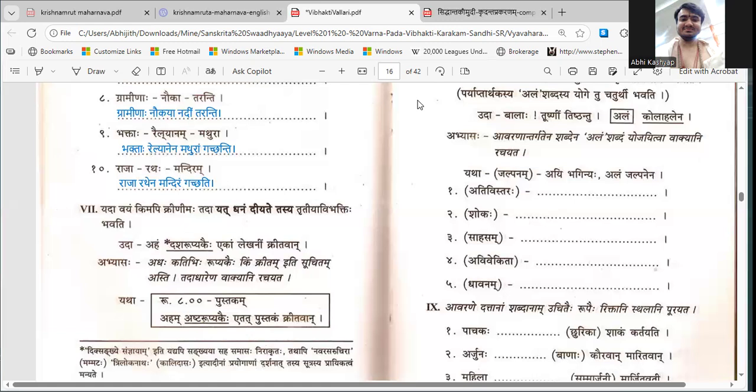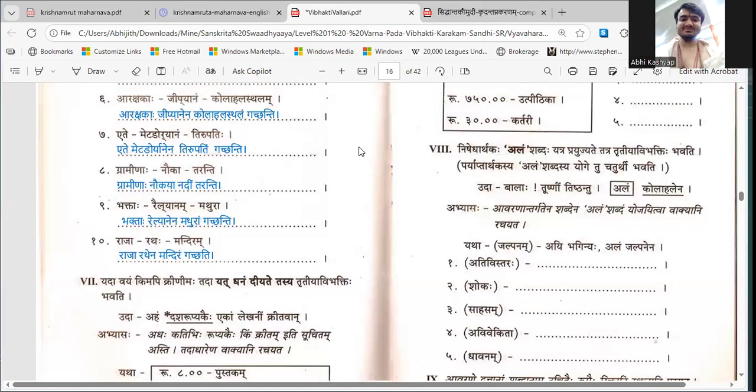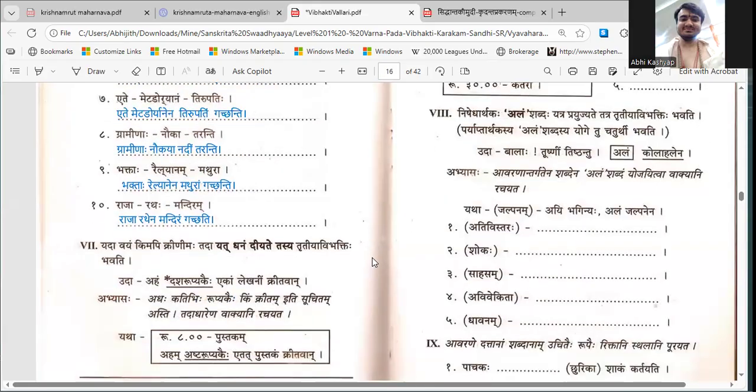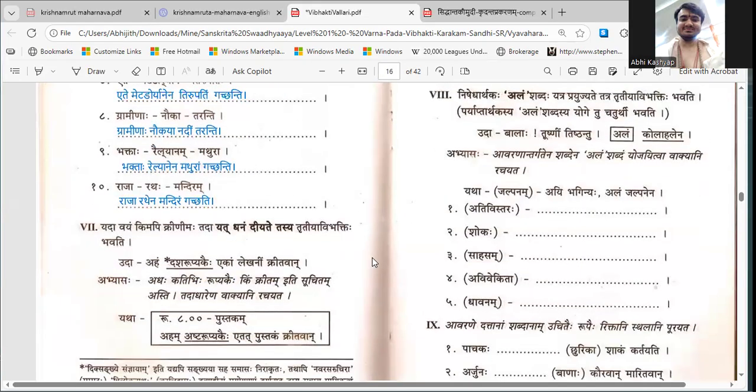So before that, let us know the figures over here, because we will try to understand. We know already the sankhyas. The sankhyas, if we know, it is very easier to recognize them. So what are the sankhyas?